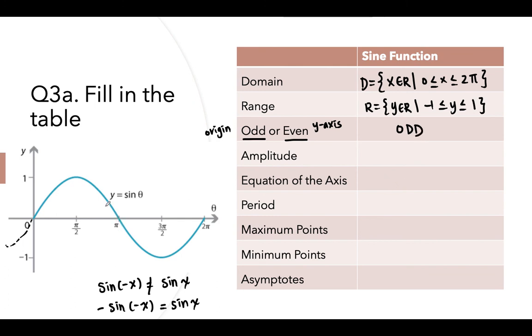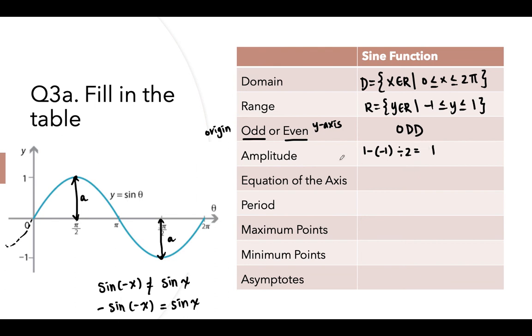Amplitude. So amplitude is the maximum minus the minimum divided by 2. In this case, 1 minus -1 divided by 2, which is 1. You can think of it this way: from the maximum to the equation of axis, this is amplitude, or from the minimum to the equation of axis right in the middle, this is amplitude.